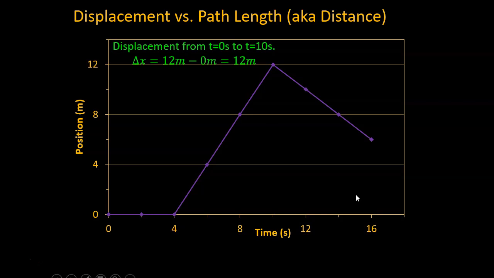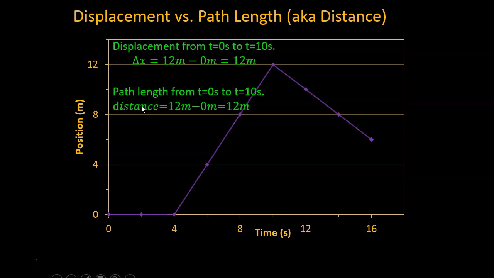So we have to go to 10 seconds on the graph and find the position, and that's 12 meters. So we have 12 meters subtracted from the initial position. So we have to go to 0 seconds, and notice the position is 0 meters. So that gives us a displacement of 12 meters.